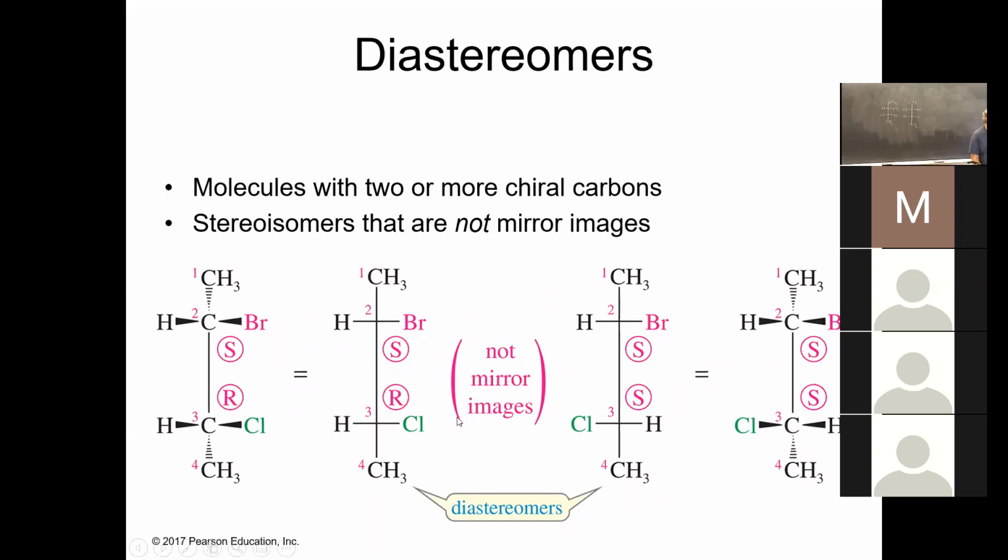To go from the original compound to its mirror image, we switch both of these. If we switch one but not the other, this is SR, over here this is SS, these are now diastereomers. Stereoisomers that are not mirror images.